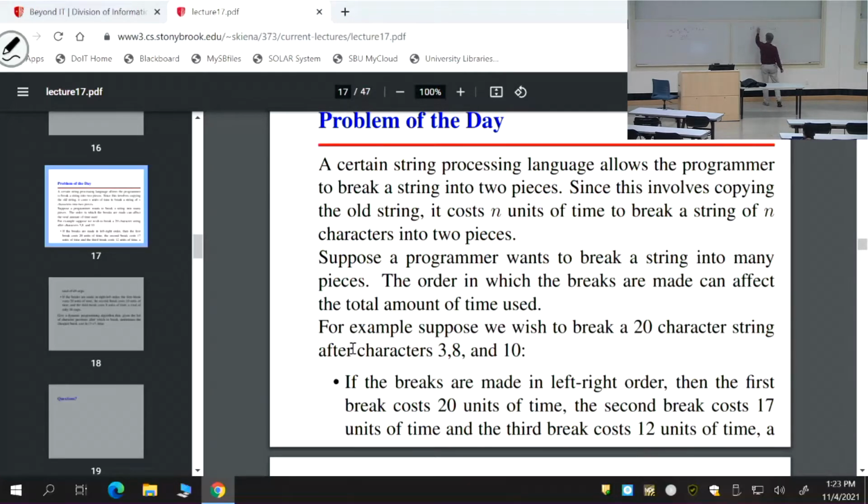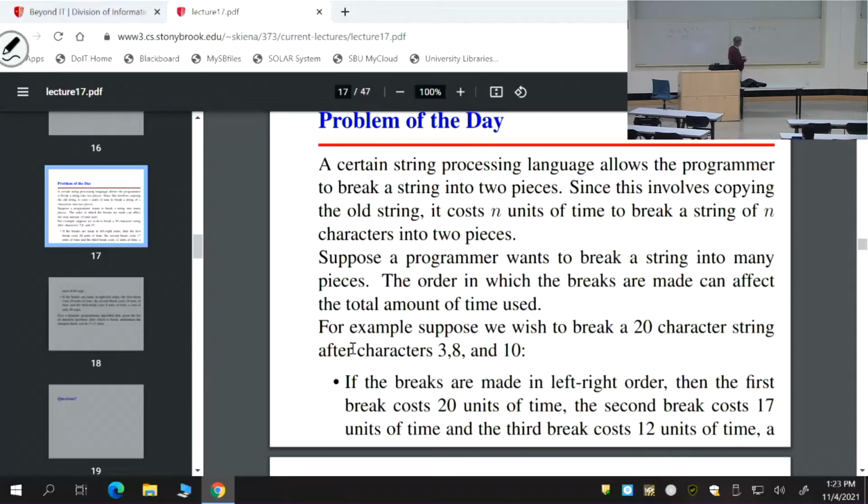There is going to be another break at 8 and another break at 10. Does everybody see that? If we make these breaks, how many string pieces do we have? 4 pieces. Does everybody agree? And the length of the pieces is going to add up to the length of the original string.